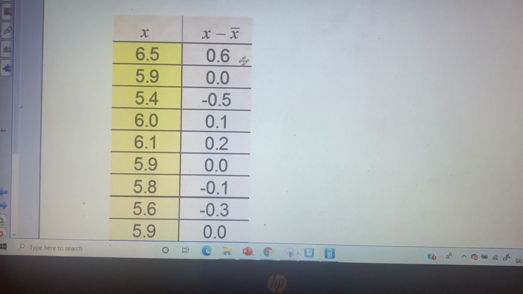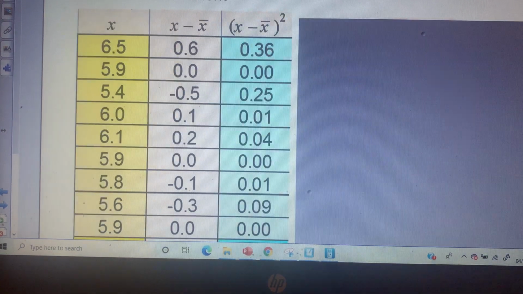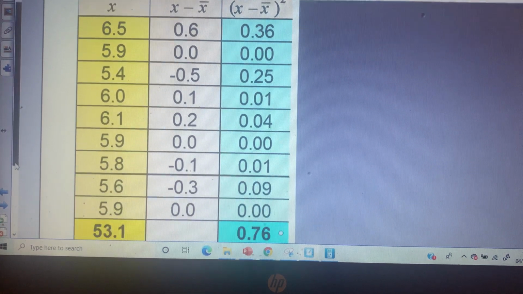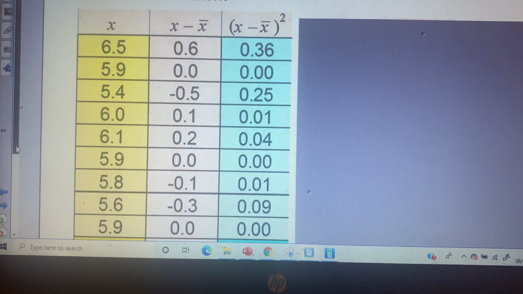Now, if I add them up, I'm going to get 0. So if I try and find the mean average of them, it's going to be 0 every time. And that's just going to be a waste of time. So what I'm now going to do is square them. So I've squared these, and by squaring them, I've got rid of the negativity.